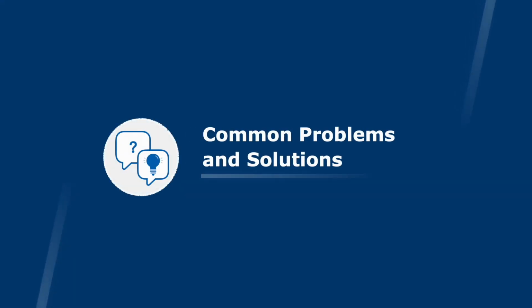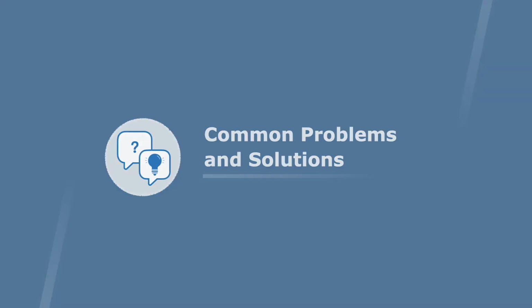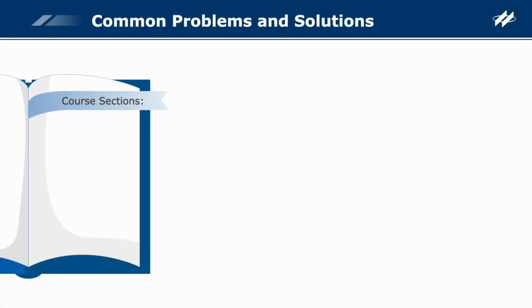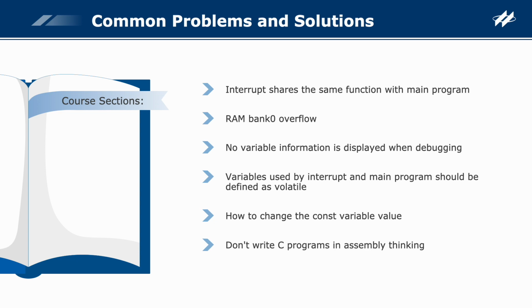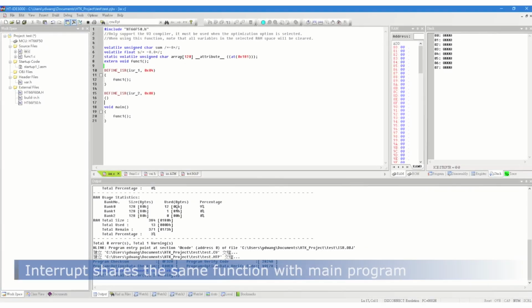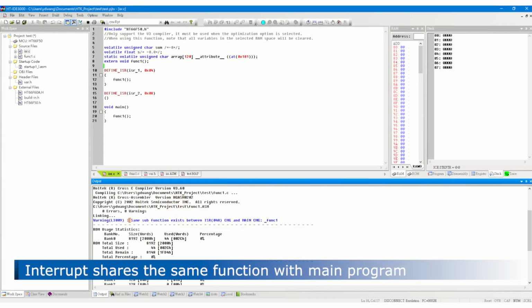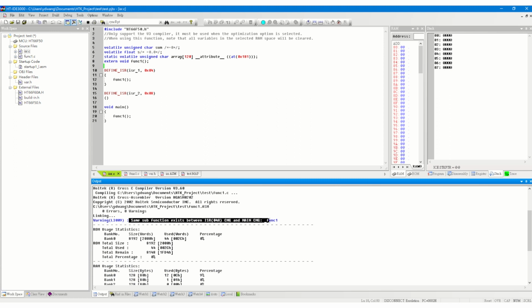Common problems and solutions. This section introduces several common problems encountered during user development and how to solve them. When this warning occurs, it indicates that the interrupt and the main program share the same function func1, which may result in an error.